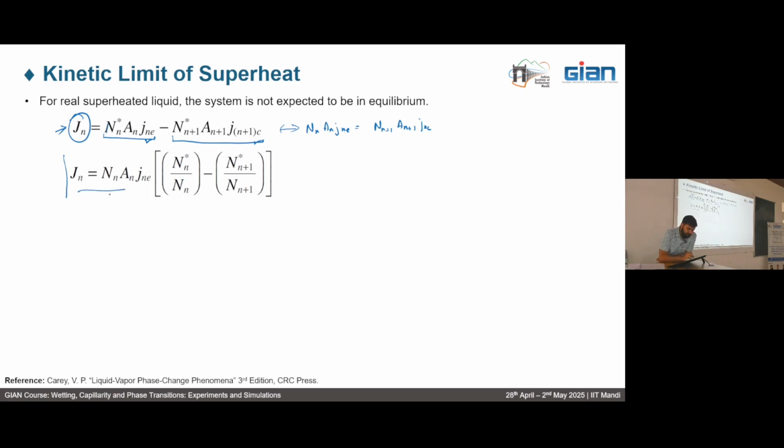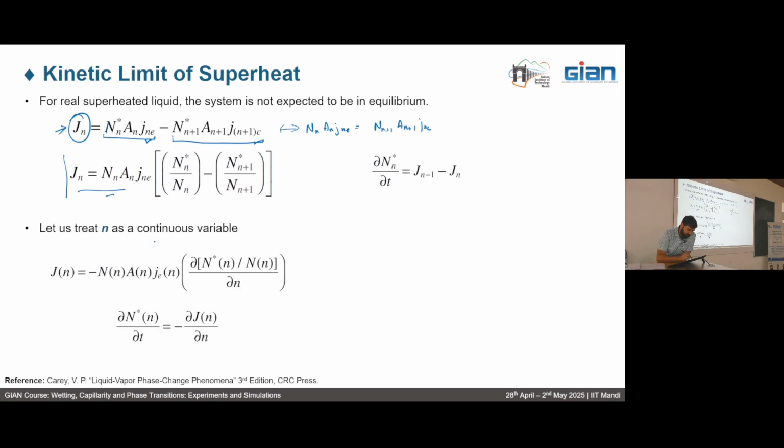Next, we are going to treat n as a continuous variable, so that it becomes easy for us to do the mathematics here. So we can write Jn simply as minus Nn An Jn e times del N by dn, and for the rate at which the number of molecules is changing, we can write dN by dt equal to minus dJn by dn.